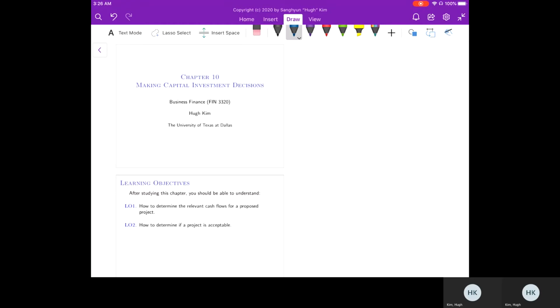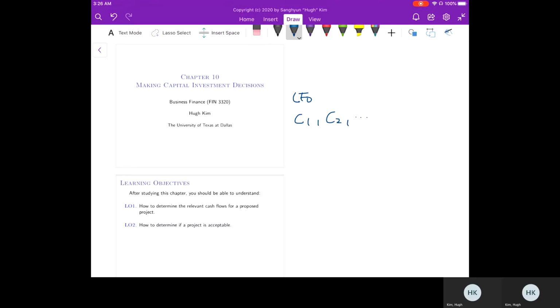So given the cash flows, we have C0, which is the initial cost of the project, and C1, C2, etc., which are the future cash flows from the project. Given these cash flows, we now know how to make capital investment decisions.